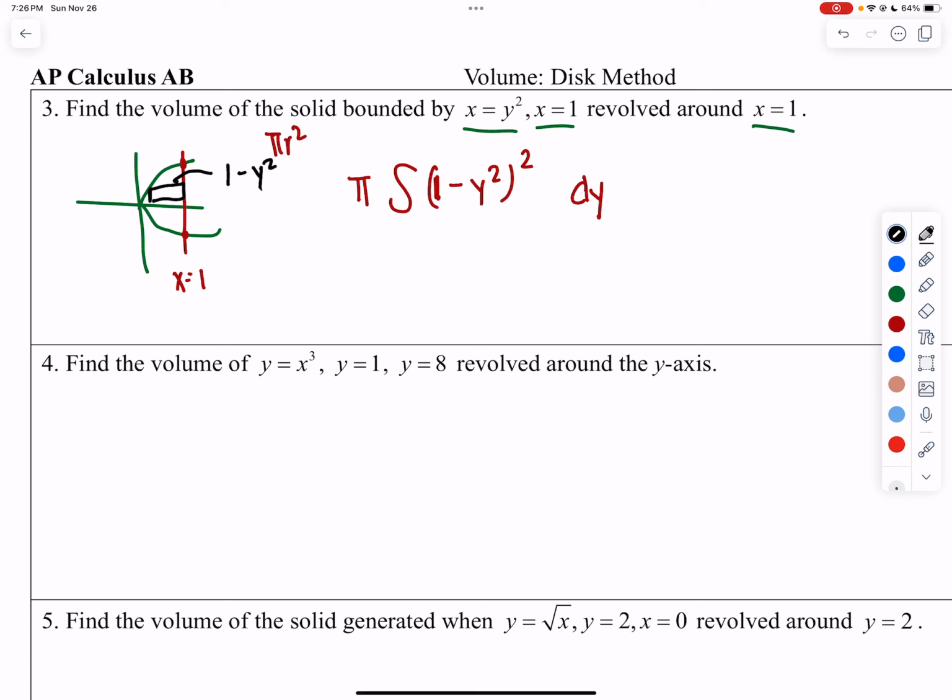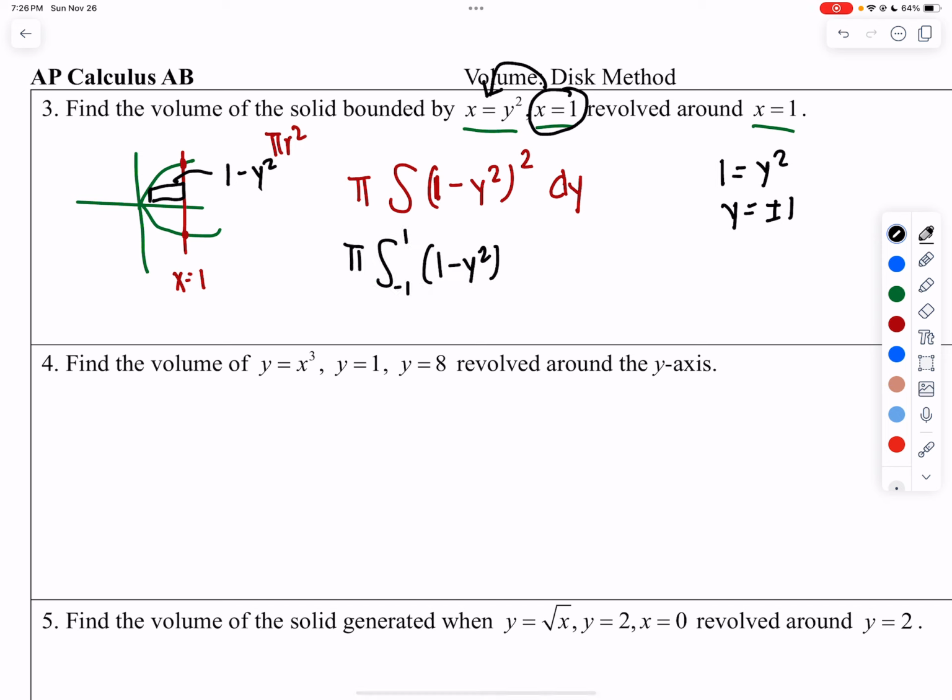Now, the only thing we need to do is find my limits of integration, which isn't going to be that bad because we know that x is equal to 1. So we're going to substitute that in there, which means that y is equal to plus or minus 1, which means that my bounds are going to be from -1 to 1 of 1 minus y squared dy.